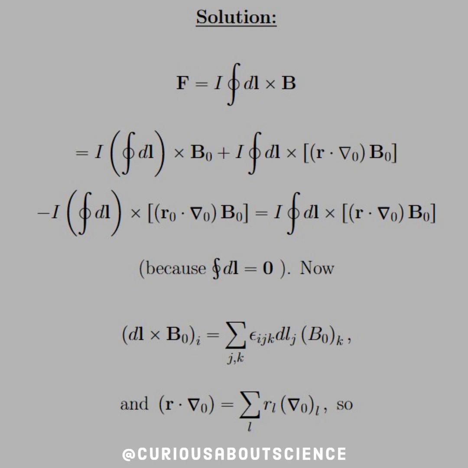And what that tells us is that dl cross B naught, with i being some index, is equal to the Levi-Civita symbol with respect to every differential element and their corresponding B component.